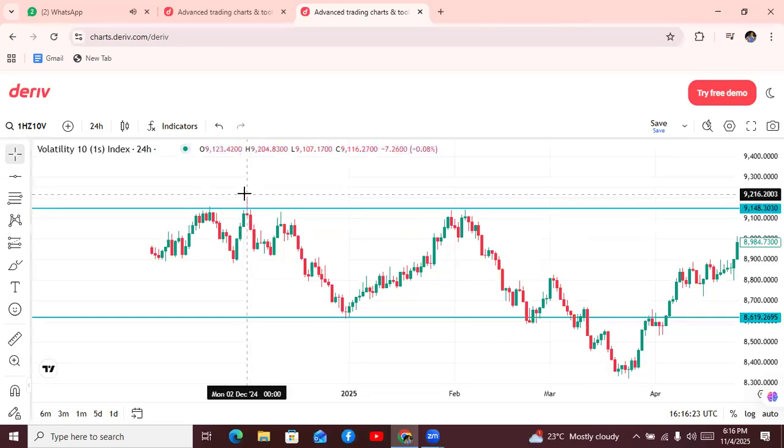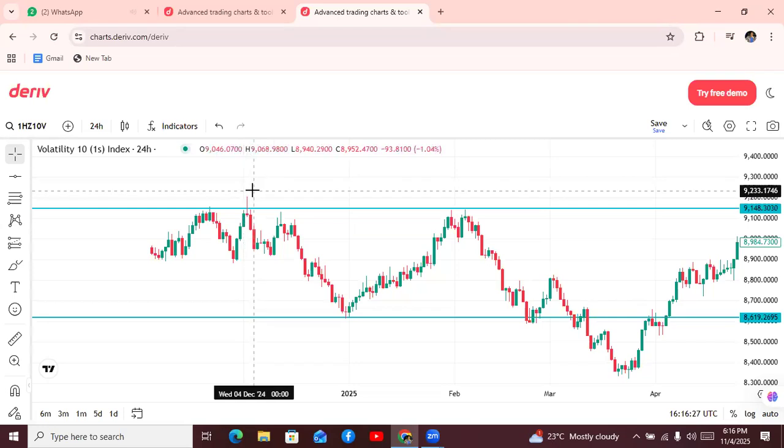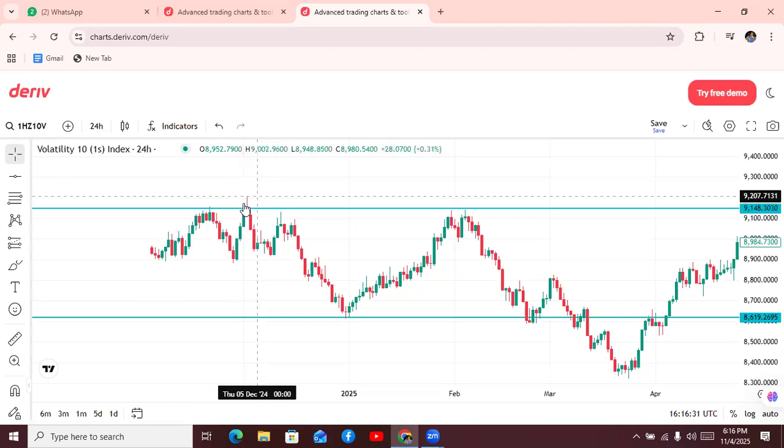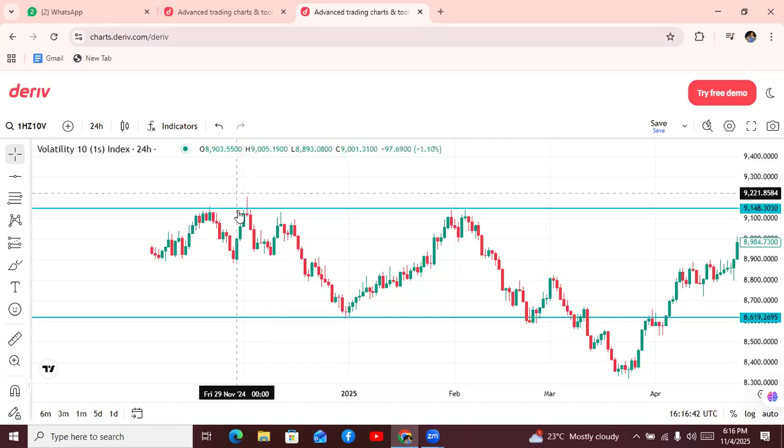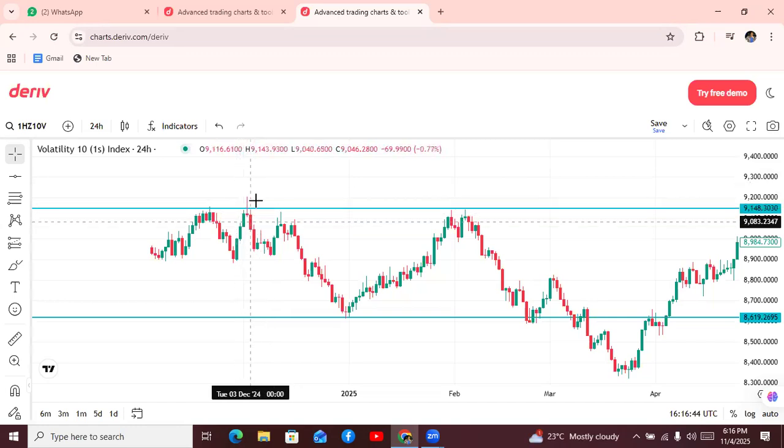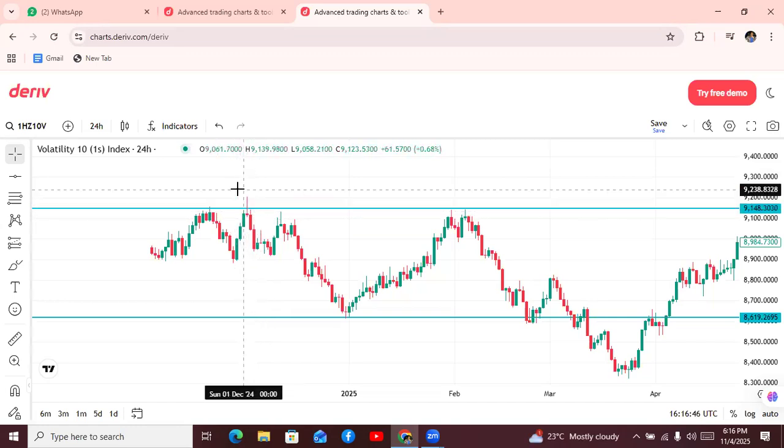Can we see up here that the market tried to break through this level and did not get momentum to pass through it, and it gave us a candlestick pattern that we are very familiar with?